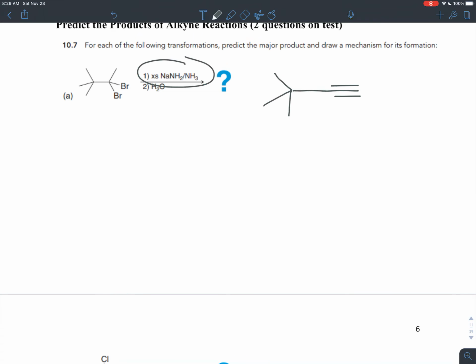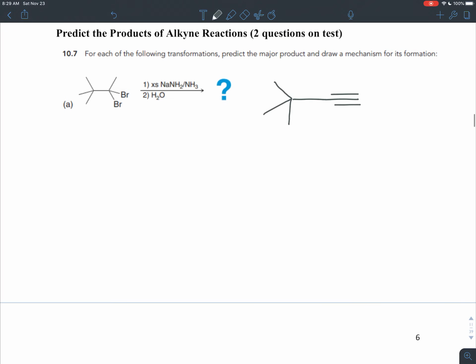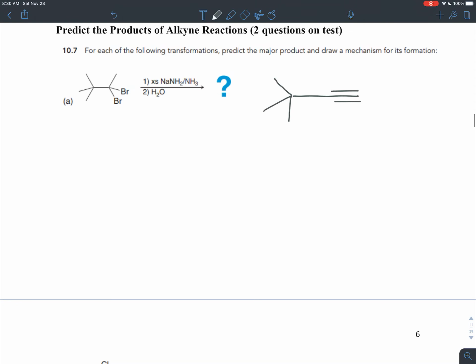And so after you're finished doing the excess base, you just shake this up with water to put the hydrogen back on through proton transfer. And so that's the product you'd get here. You'd look for the carbon that has 2 beta hydrogens, and you would draw the triple bonds in that direction. You'd erase the leaving groups, and that gives you your molecule.